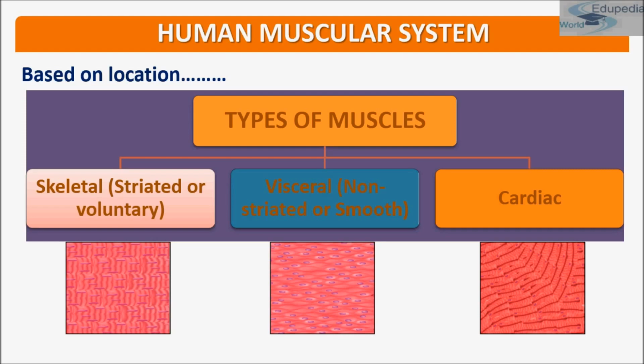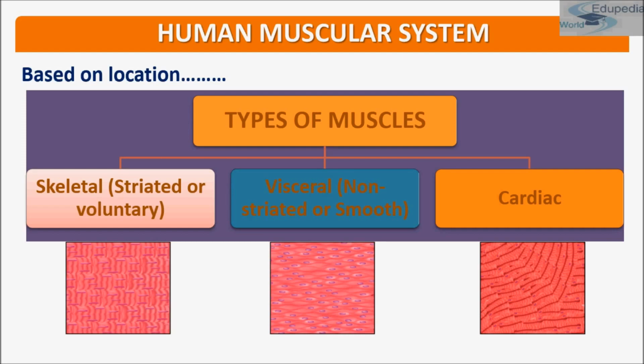These four properties I have already taught you in my first section of the presentation. Muscles have been classified using different criteria, namely location, appearance and nature of regulation of their activities.